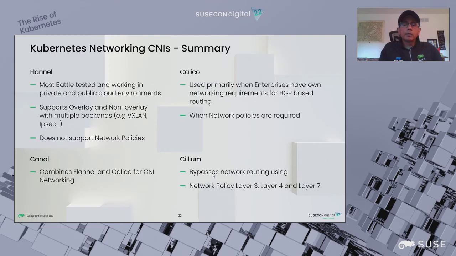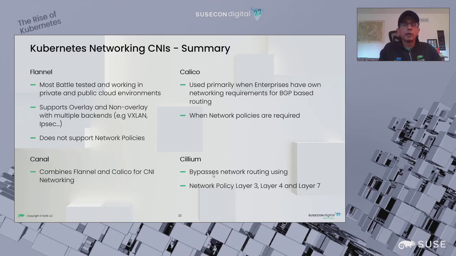So, at a high level, a lot of these CNIs have their benefits, but if you were to try to narrow it down to a small decision factor, you would look at Flannel from a standpoint of it's been used, it's the most battle-tested CNI.